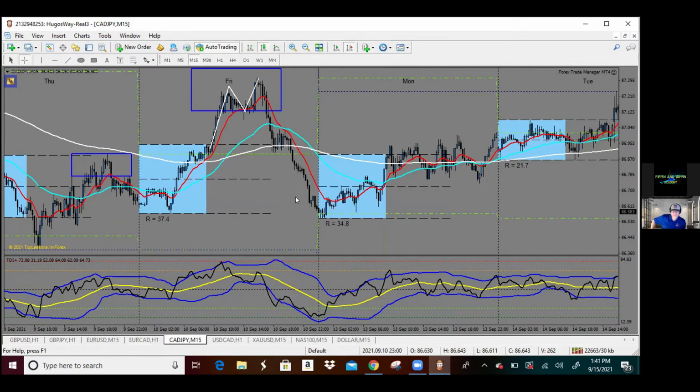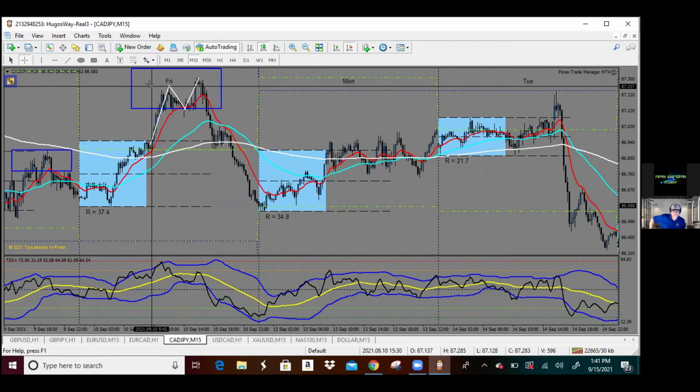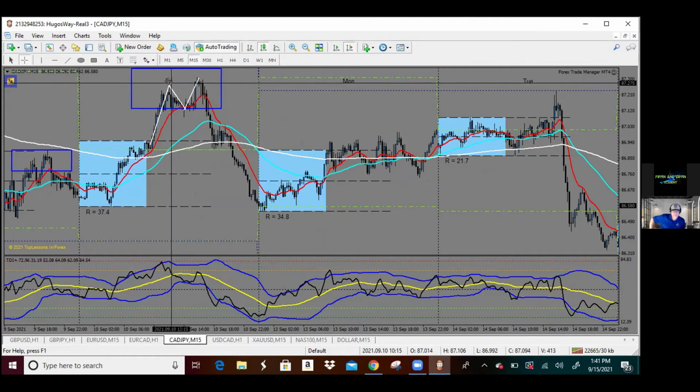Guys, that's exactly a market maker move. Stop hunt to the high, consolidate, which is what we call an M pattern, price action. They run the stops high, they pull it back, they get a few more orders, get more breakout traders right here. Whoever was selling right here that was right about the trade, they took their stop losses out, because they knew that they had their stop losses right there at the high.